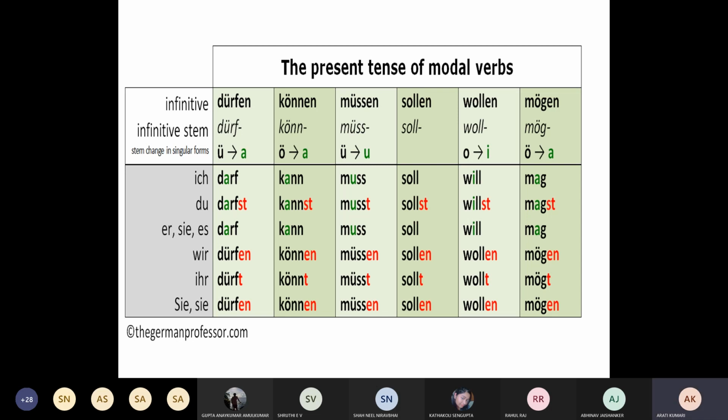And suppose there is a waiter or waitress in the restaurant and she comes, would you like to have something? So how will she ask you? Möchten Sie etwas? Yeah?